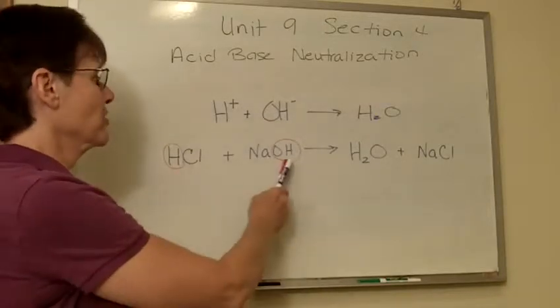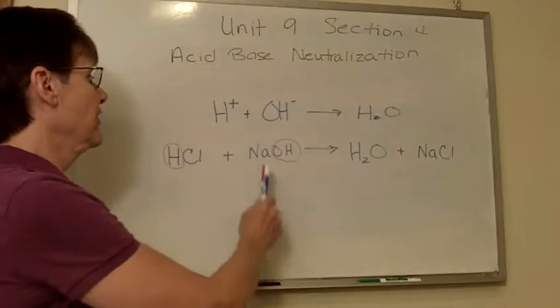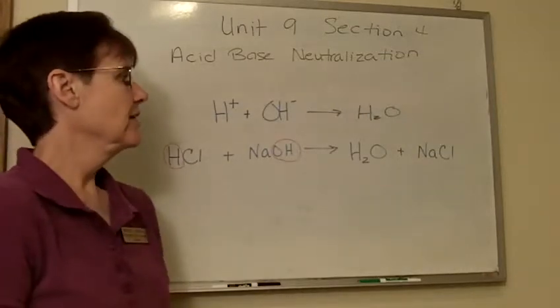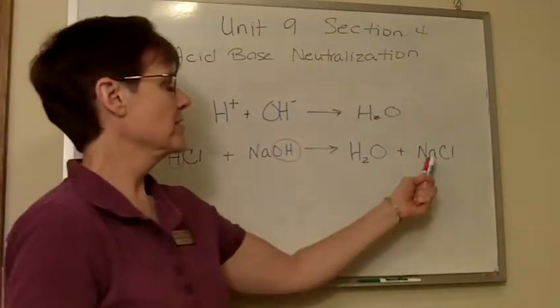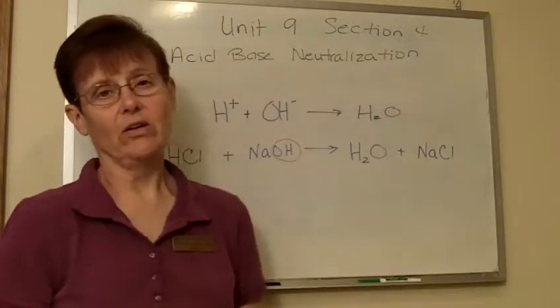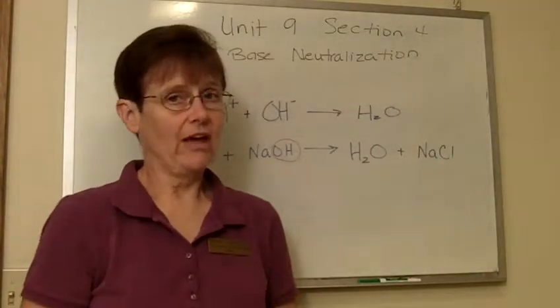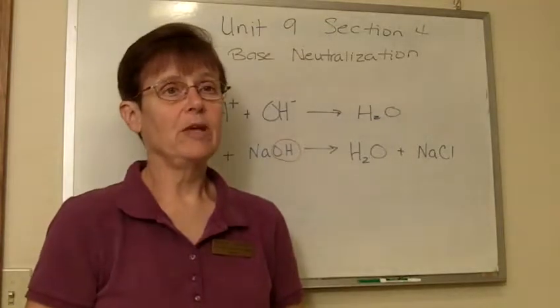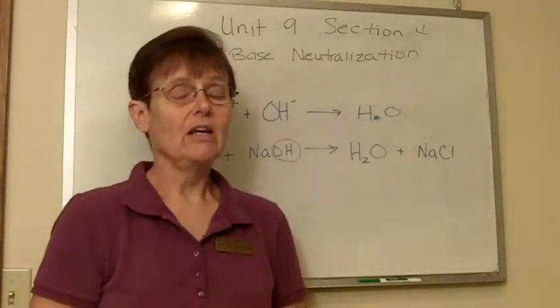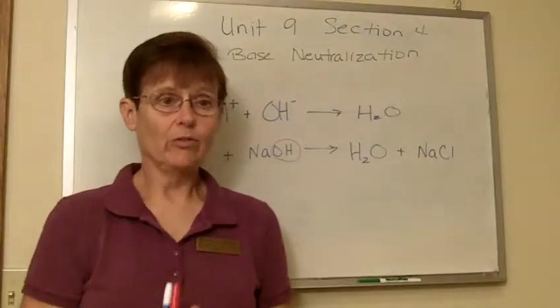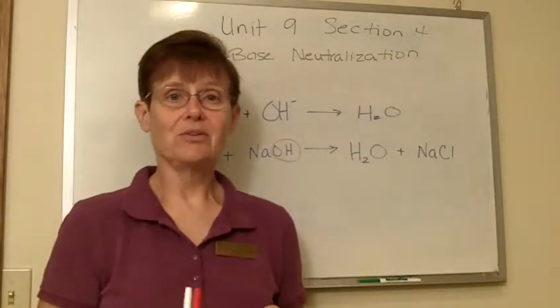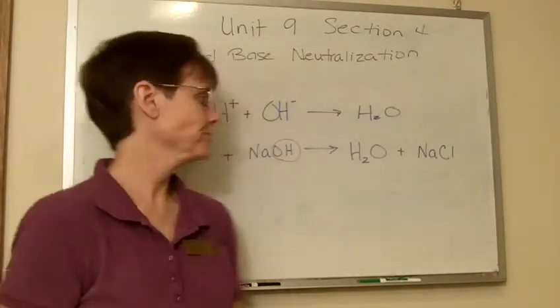You find your hydrogen and your hydroxide and put them together, and then just combine the other two things. Now, in this case, we have a positive 1 and a negative 1 ion that go together in a 1-to-1 ratio. But don't forget, if you don't have that, if you, for example, had maybe a calcium and a chloride, you would need to write the formula for that correctly, like you learned to do earlier this year.